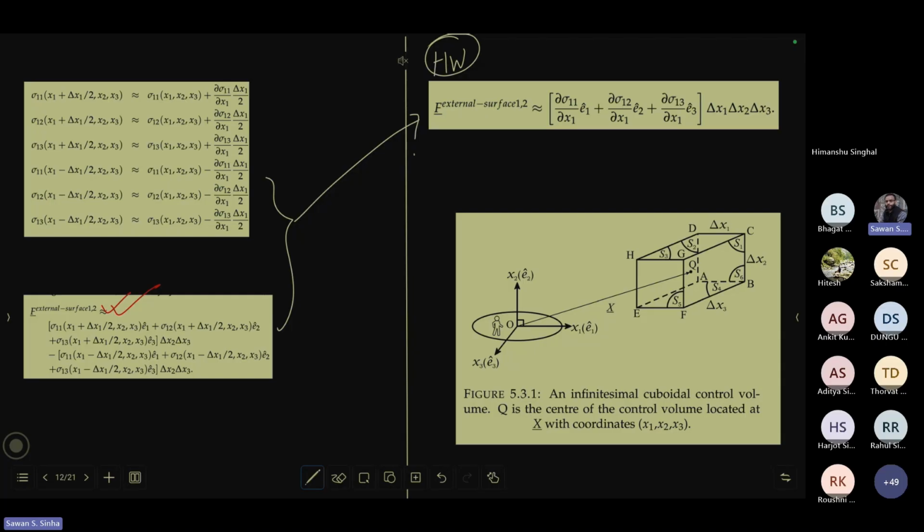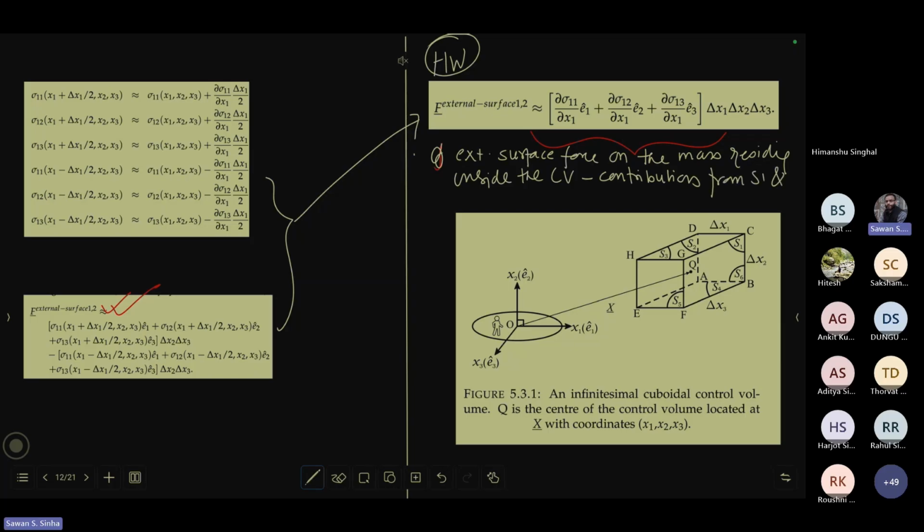Huge simplification. Starts looking compact, very compact. This is the force. External surface force on the mass residing inside the CV, contributions from S1 and S2 only.